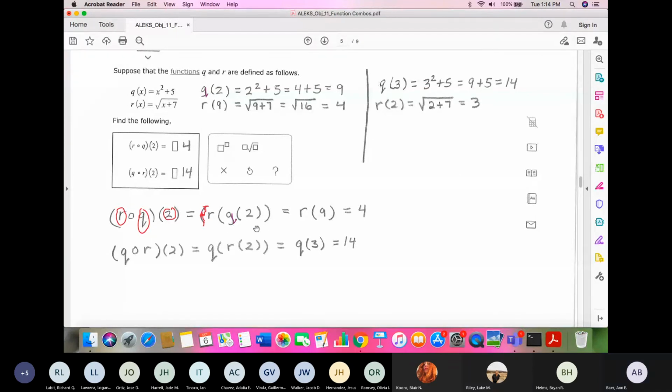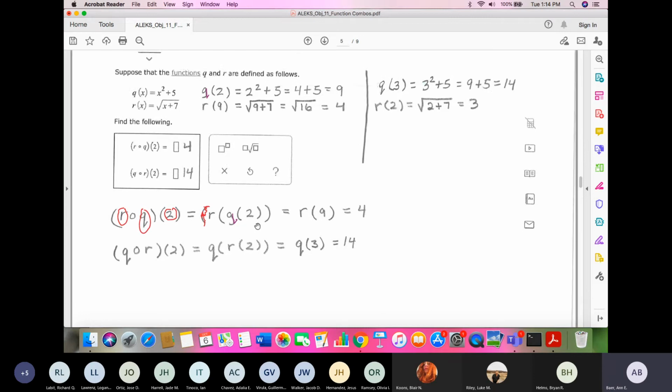So we've got to abide by PEMDAS. We go inside these parentheses first. We can't just do something with anything but the innermost parentheses, which is a 2. So we go inside these parentheses and find Q of 2. Actually, sorry, it's Q of 2. We want to find Q of 2. So finding Q of 2 tells me we use the Q function.